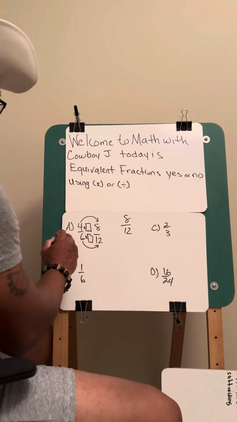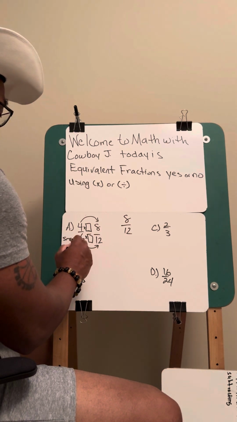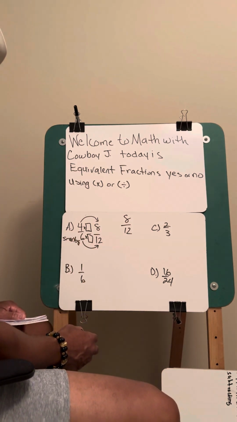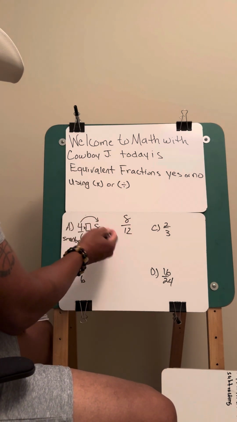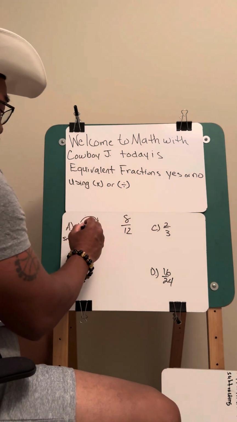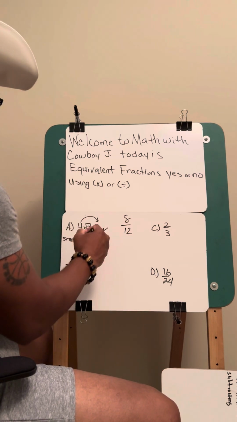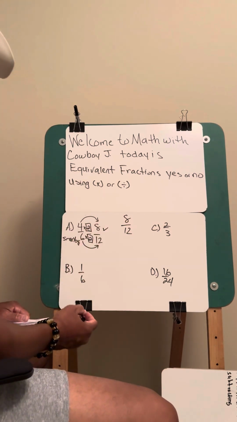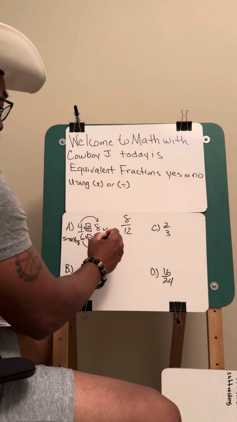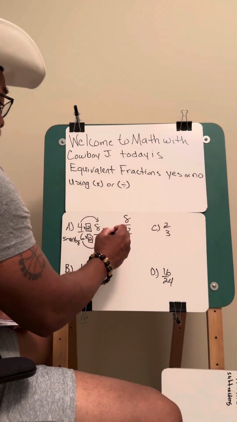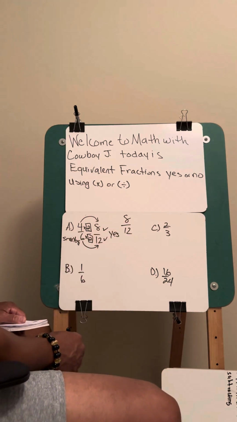Small to big means to multiply, y'all. So 4 times what is 8? 2. So that's correct. But if I'm using this box, I have to use 2 in this box. 6 times 2 is 12. That's correct. So yes, 8/12 is equivalent to 4/6.